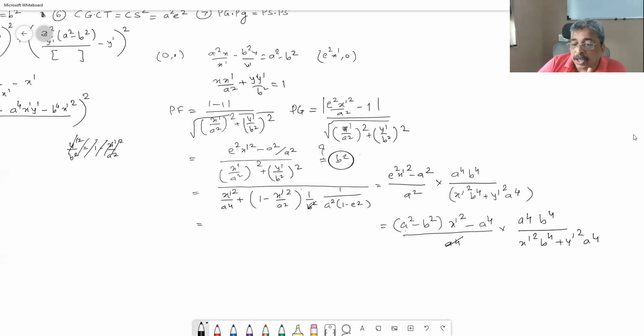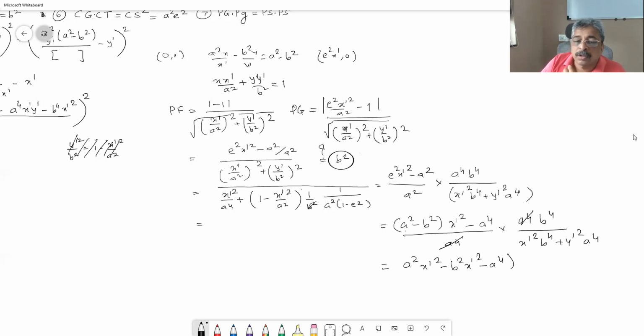It's going fine. At least one a fourth is gone. Now I have a square x dash square minus b square x dash square minus a fourth.